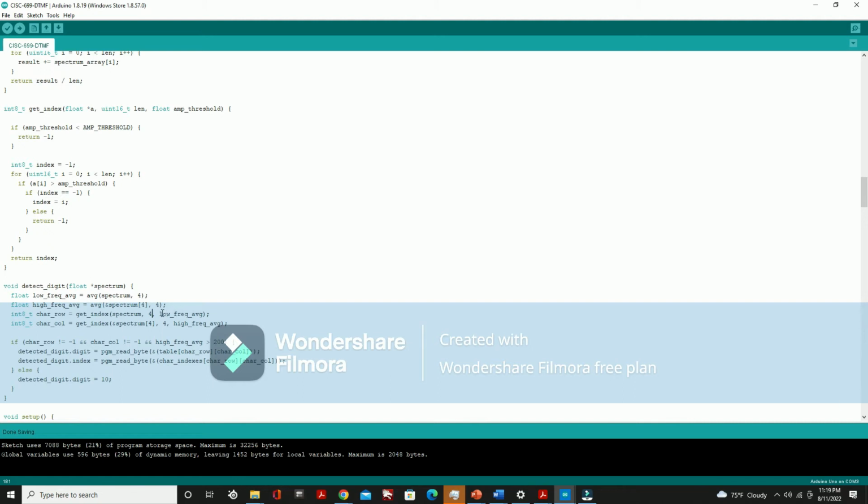The amplitude threshold of the lower is computed actually using these two lines.